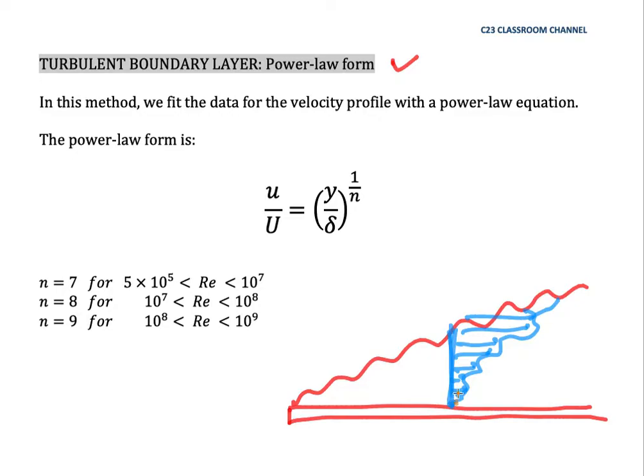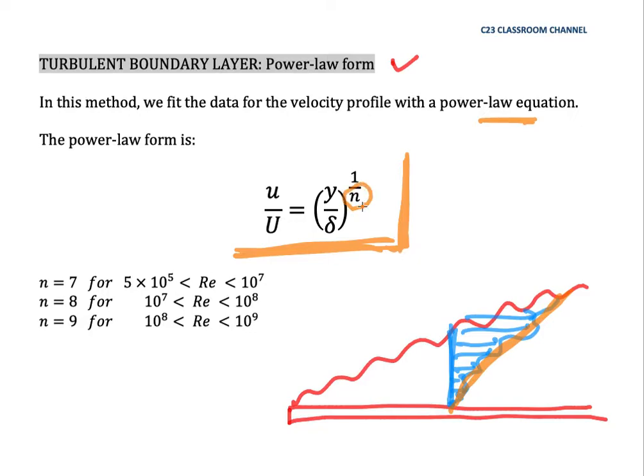We assume that the profile can be plotted by using the idea of power law. So we assume that the velocity profile can be plotted by using this basic equation, which is u over U equals y over delta to the power of 1 over n.